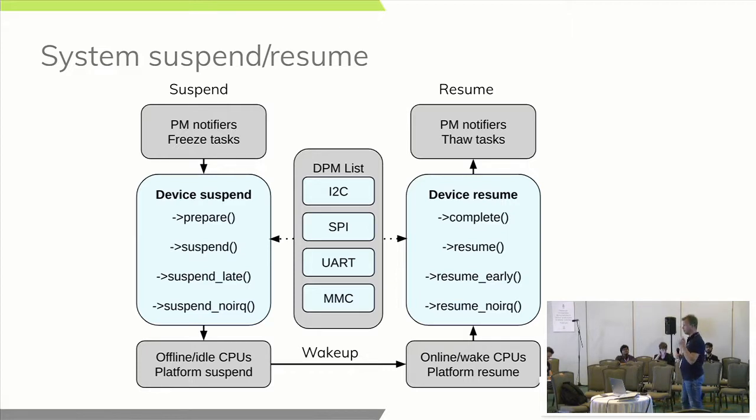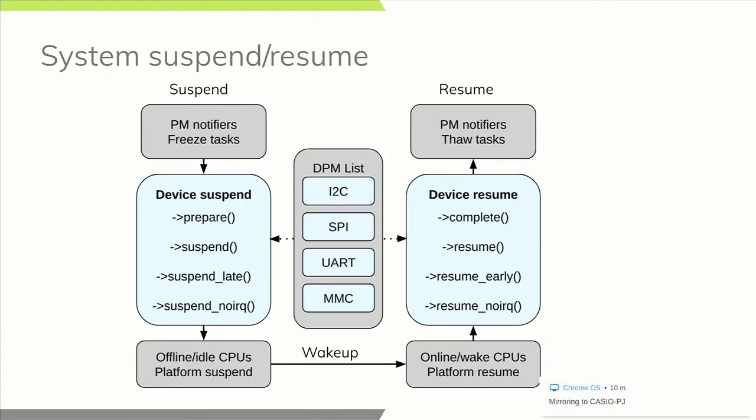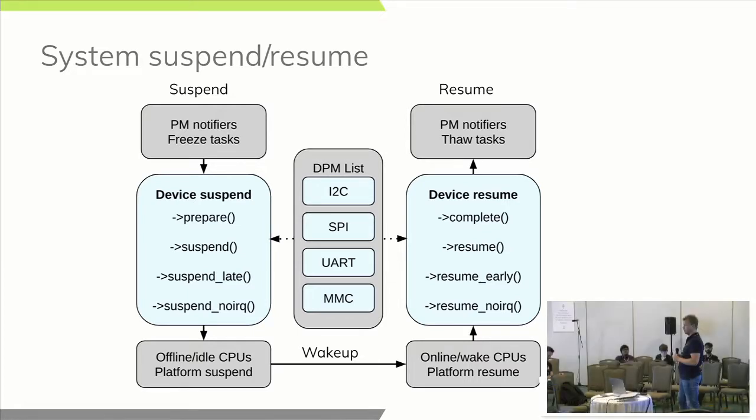And then there are platform-specific callbacks that you invoke to do the final things, to put the whole system into a low power state. For the suspend to idle case, you're instead using the CPU idle framework. So you put all the CPUs in the deepest state, more or less, that the CPU idle framework supports. So there's not a big difference from a device management point of view, or actually no difference. Any questions so far?